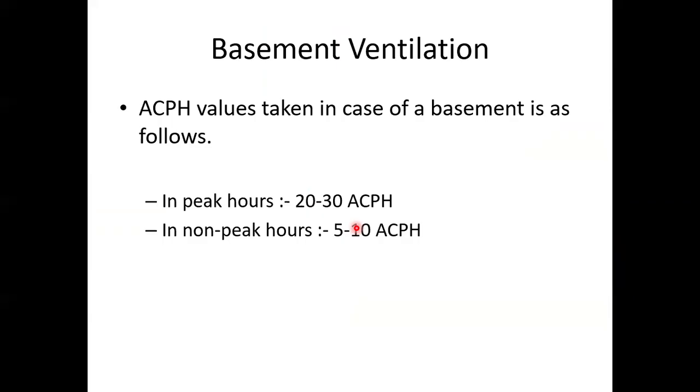But in non-peak hours, according to that ACPH value, you get around 400 CFM. So you can see the difference, isn't it? According to the CFM, you can adjust the velocity, and at the same time you can adjust the fan motor speeds according to the load. Okay, so is it clear?